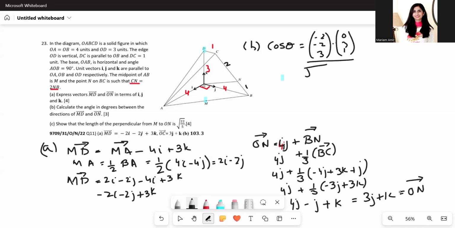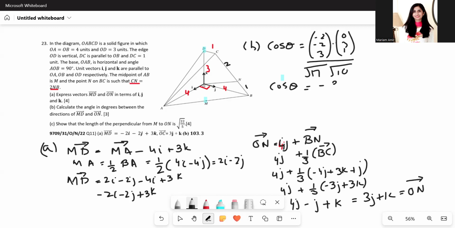So 2 squared plus 2 squared plus 3 squared would be 17, square root of that, times square root of 0 squared plus 3 squared plus 1 squared, which would be 10. Okay. Find the dot product of the numerator. That would be -2 times 0 plus -2 times 3 plus 3 times 1, which gives -3.